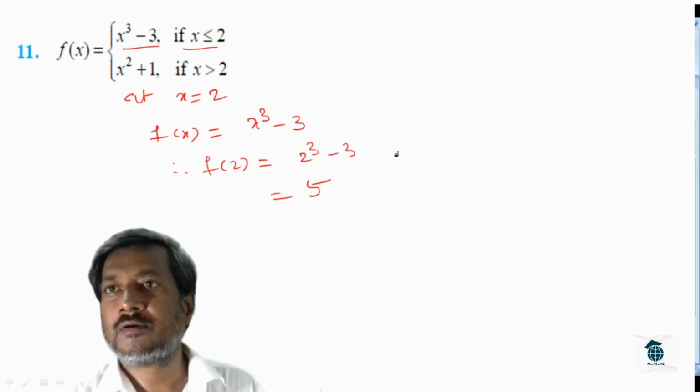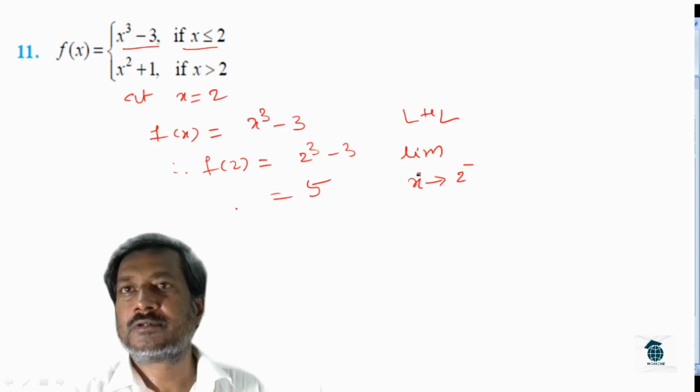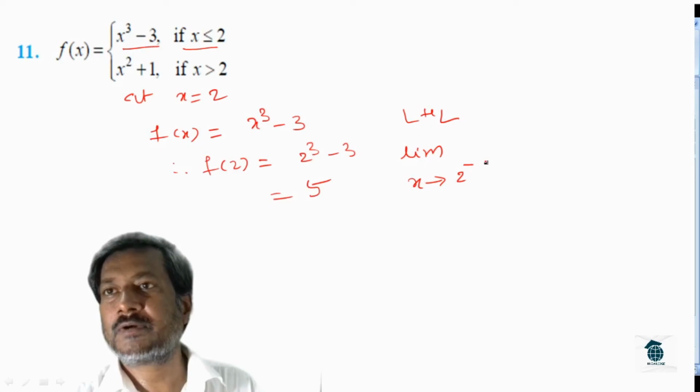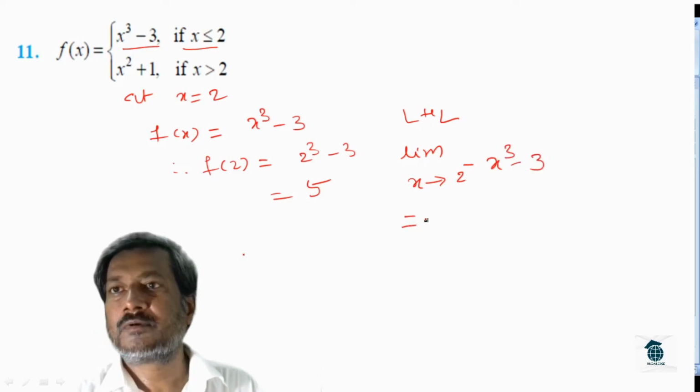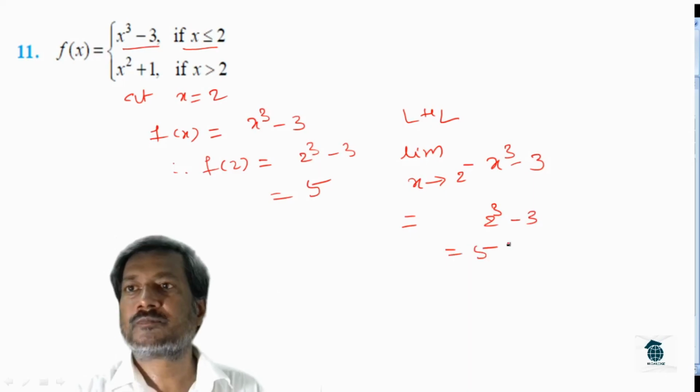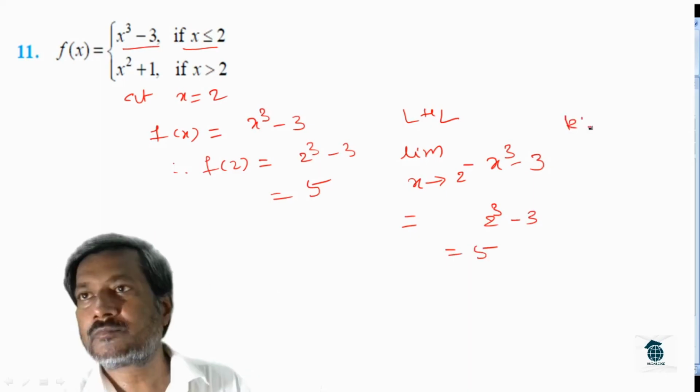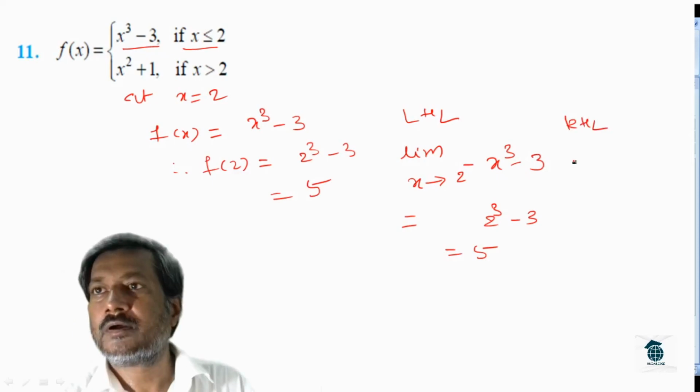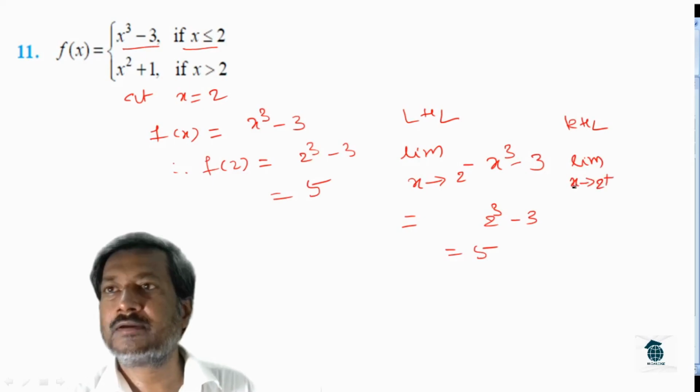So again for LHL, limit x tends to 2 minus. Less than 2 means again the function is x cube minus 3. Now substitute, 2 cube minus 3, this equals 5. Now go for RHL, limit x tends to 2 plus, that is greater than 2.